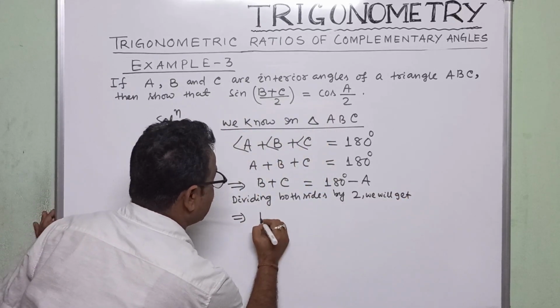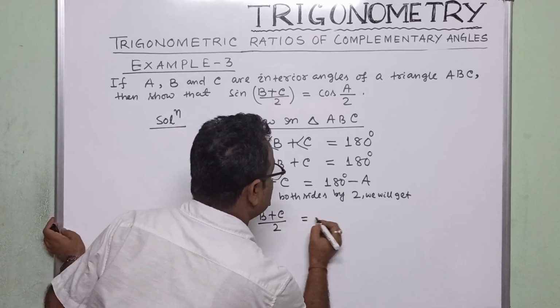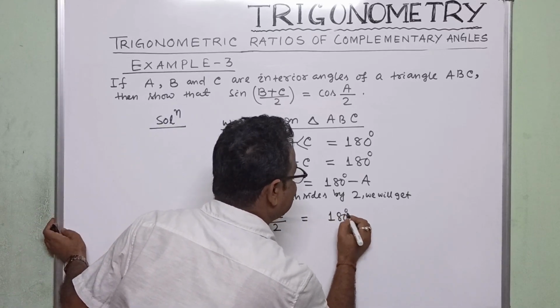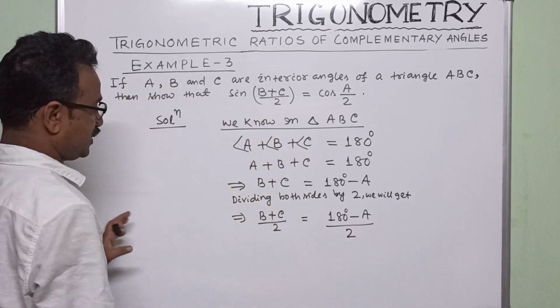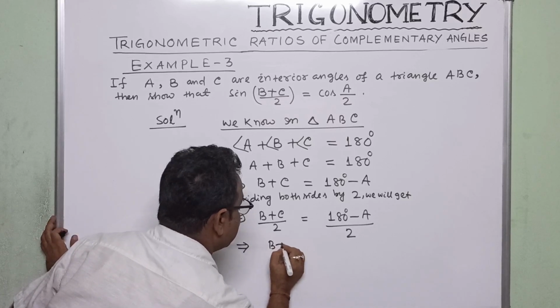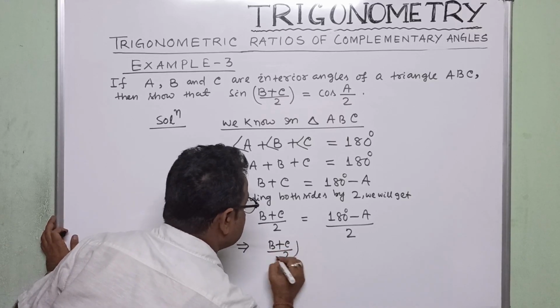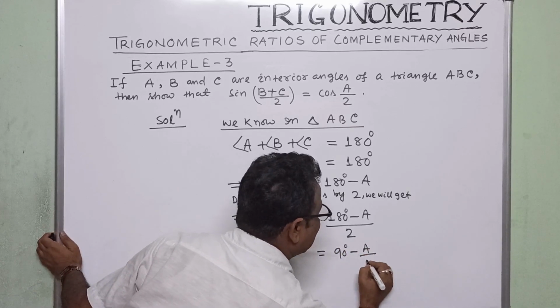That implies B plus C by 2 is equal to 180 degree minus A by 2. That implies here B plus C by 2 is equal to 90 degree minus A by 2.